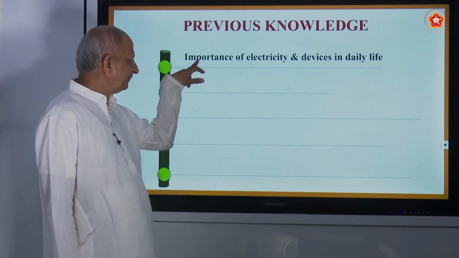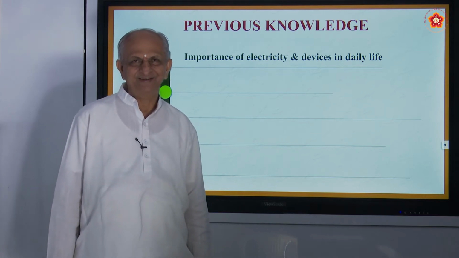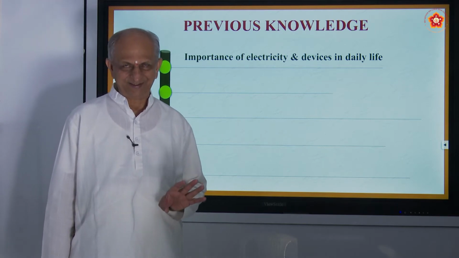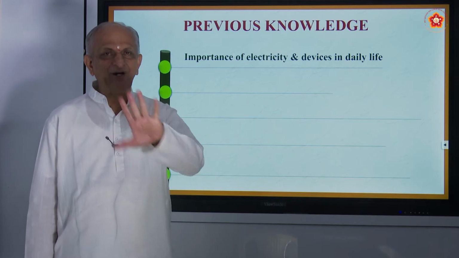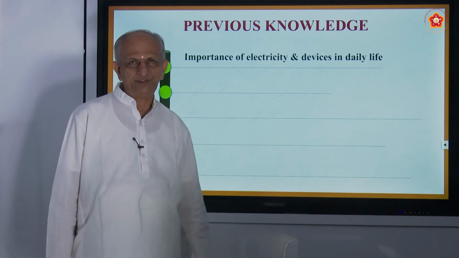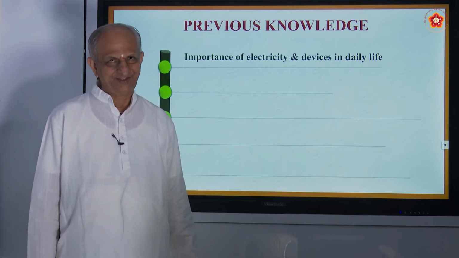You know what is the importance of electricity. In the previous chapter, you have heard what is electricity. It is a form of energy, a convenient form of energy, used in almost all activities of our daily life. Is it not?